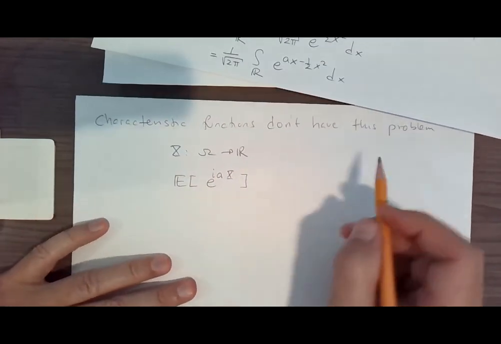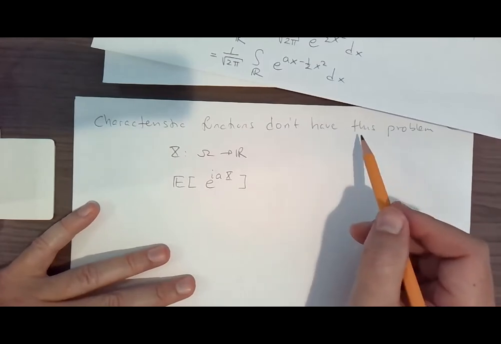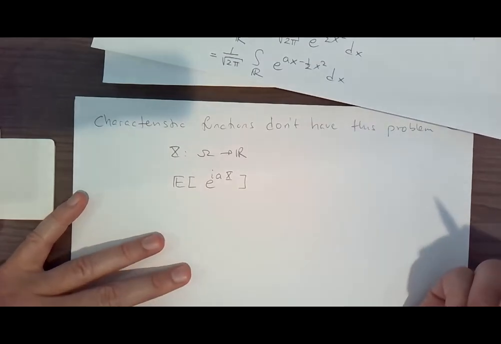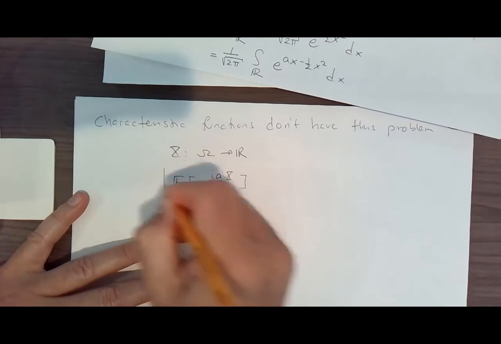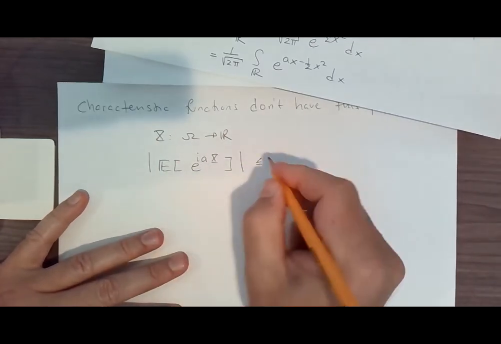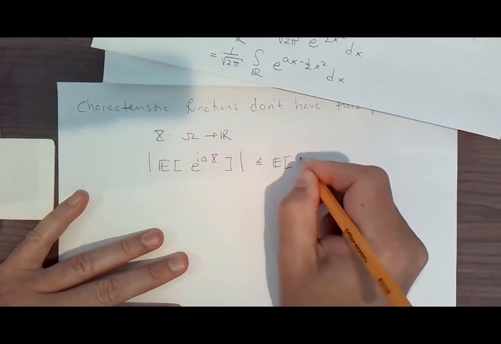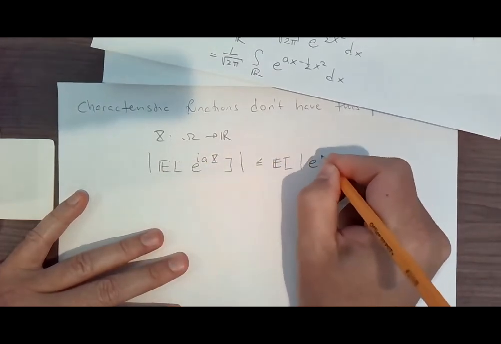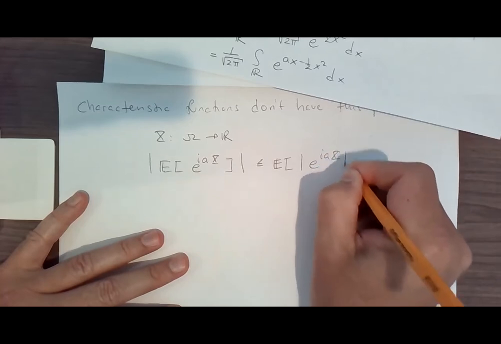This here does not have the ability to explode. And the reason that it doesn't have the ability to explode is if you take the absolute value here, and if I move the absolute value inside, I'm going to get a bigger number: the expectation of |e^(iX)|.